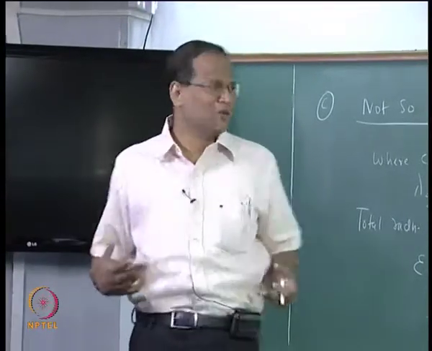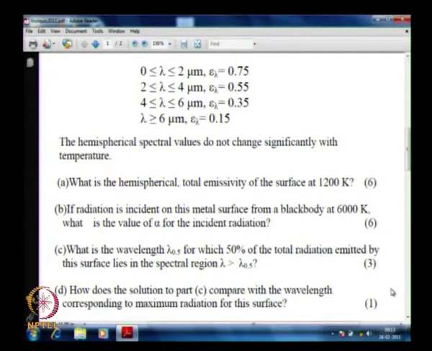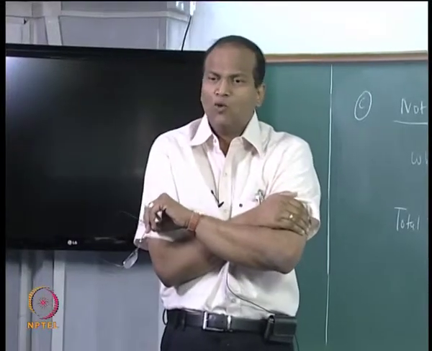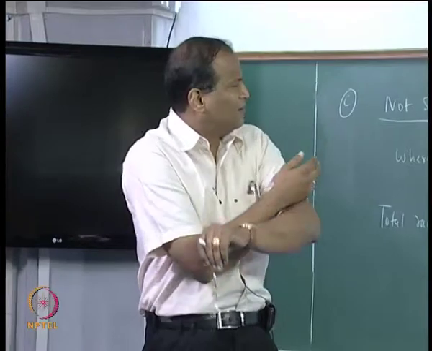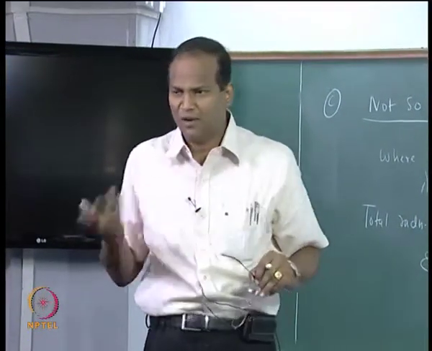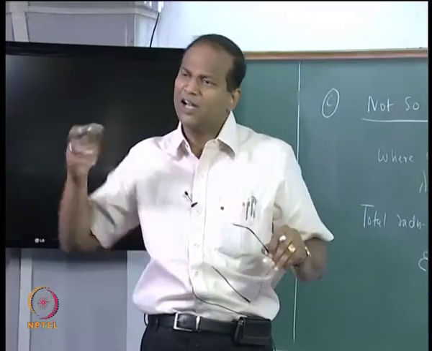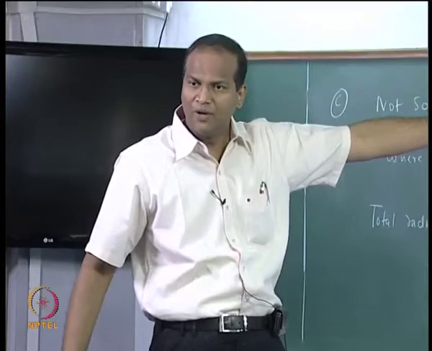It is reasonable because the temperature is 1200, and the displacement law gives lambda max T approximately 3000. 3000 by 1200 is 2.5, correct? So around 2.5 it is peaking. So I expect that between 2 and 4 I can get this 50%. I may be wrong; if I do not get that, I will go to epsilon 2 or epsilon 3. Are you getting the point?